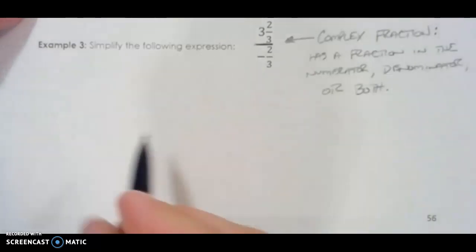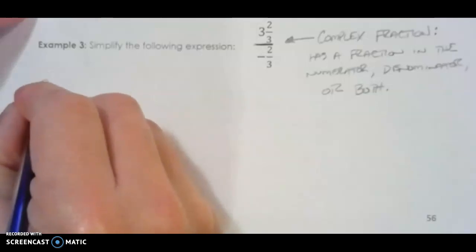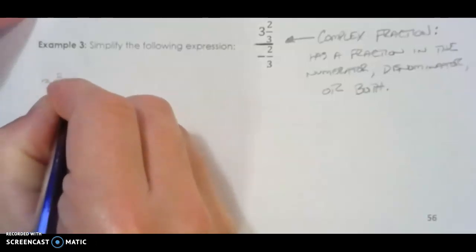And so I'm just going to rewrite it in a different way. 3 2/3 divided by negative 2/3. So we just rewrite as a normal division problem.